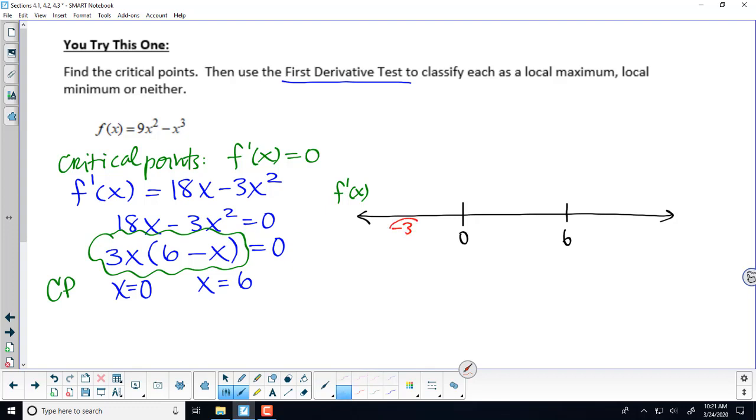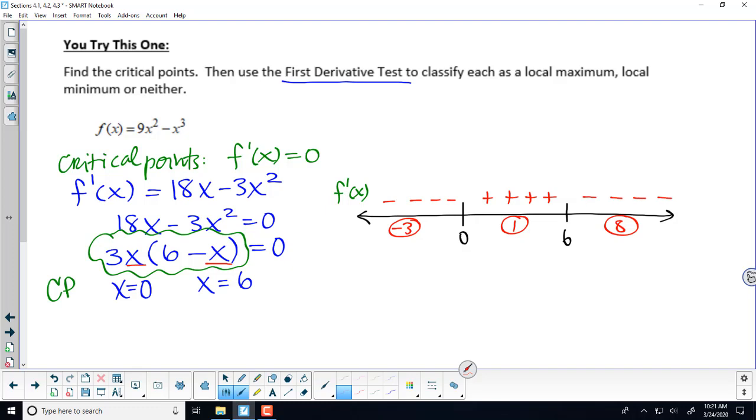I'm going to choose -3. I'm going to choose 1. And I'm going to choose 8. And I'm going to substitute those into the first derivative over here and see if I would get a positive or a negative. So when I put in -3, I get negative. When I put in 1, I get positive. When I put in 8, I get negative.